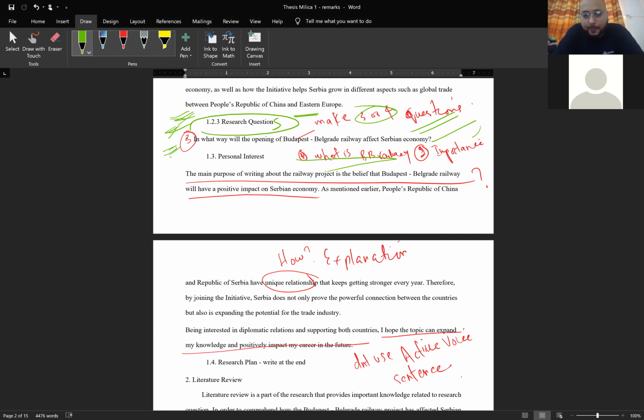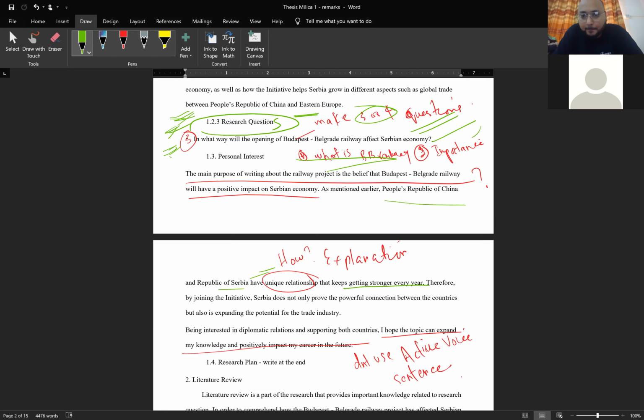Like you mentioned, there's a unique relationship between China and Serbia that keeps getting stronger every year. What is the logic behind that? Which theory or which study is behind that?